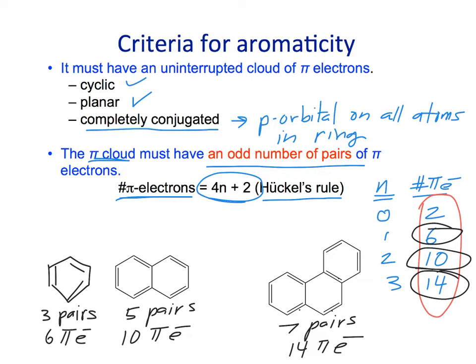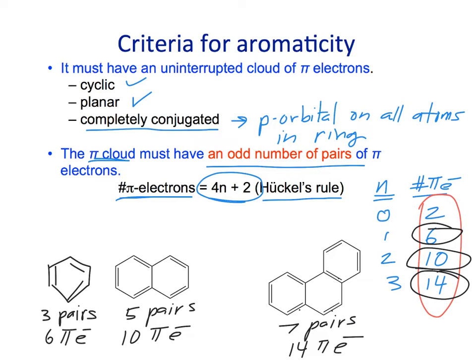Do we know what N represents if we're just given a molecule? Or does it just give us a series of numbers which could fit? Okay, N doesn't really represent any property of the molecule. It's just a number we can put into this equation and come up with a series of numbers of pi electrons.